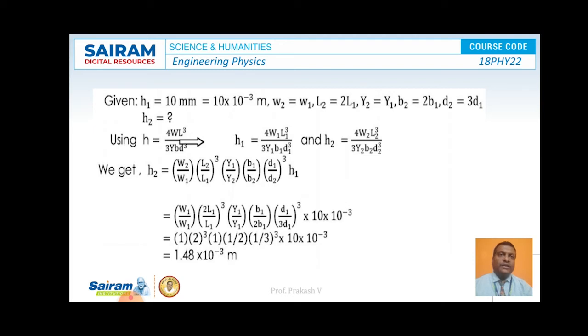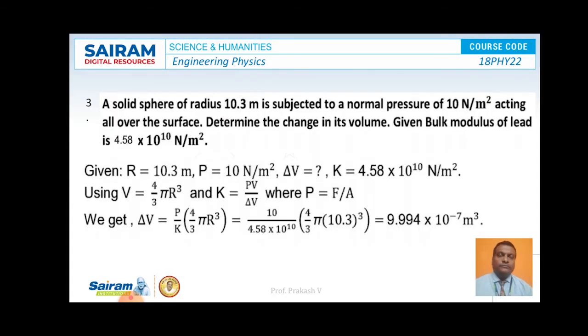In this way we can convert the value of h2, and on simplification by applying the values, the value of h2 becomes 1.48 into 10 to the power of minus 3 meter. So according to the data given, the conversions are all made, and the value of h2 is calculated as 1.48 into 10 to the power of minus 3 meter.